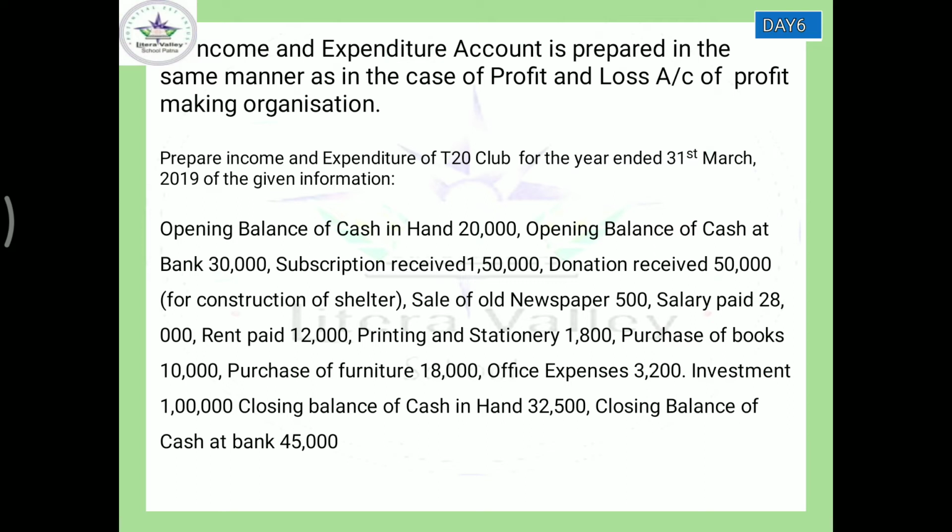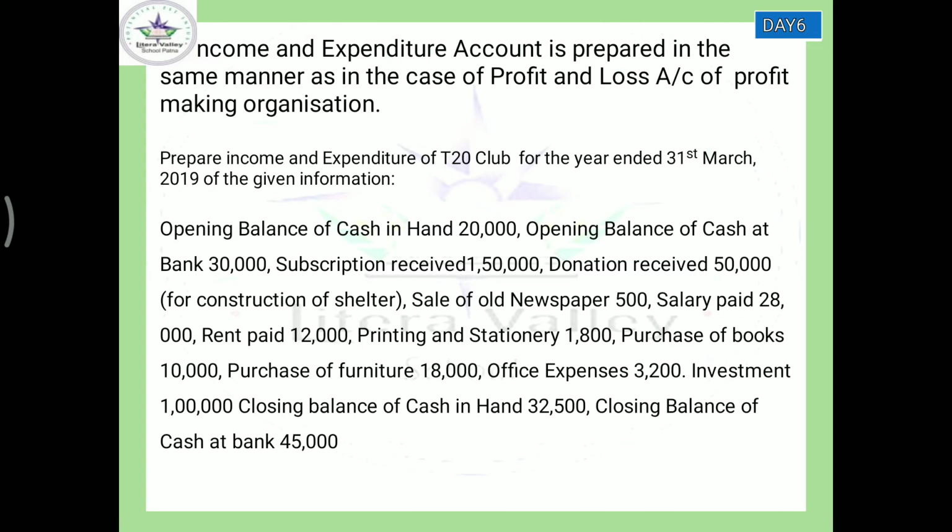Can you remember the receipt side? What do we do with the items given on the receipt side? Broadly speaking, you can divide it into four main sections: opening balance of cash at bank and cash in hand, revenue receipt, capital receipt, and bank overdraft.